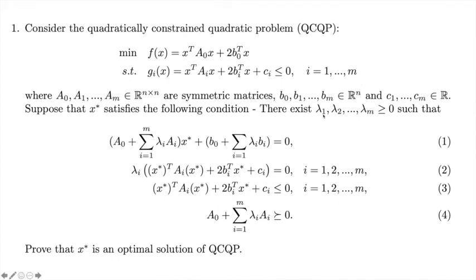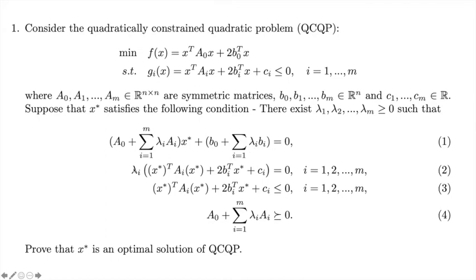There are lambda 1 until lambda m that are larger or equal to 0, such that A0 plus the sum from 1 to m over lambda_i A_i multiplied by x star, plus b0 plus the sum over lambda_i b_i, is equal to 0.